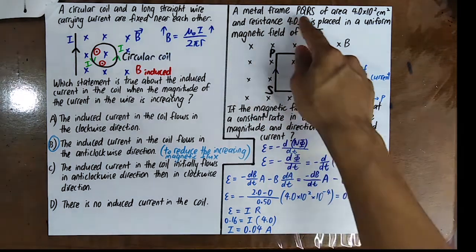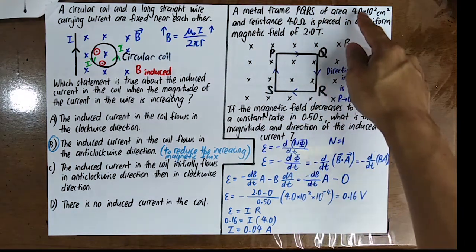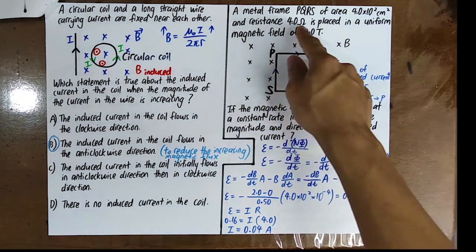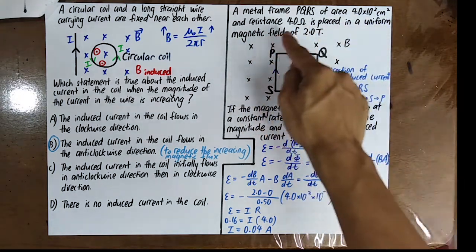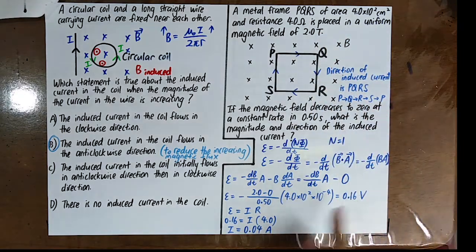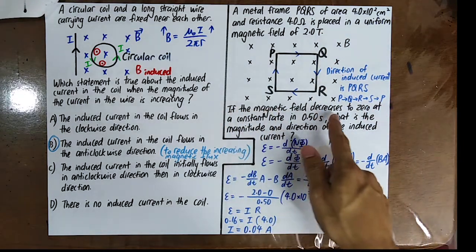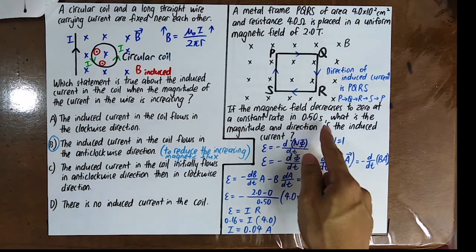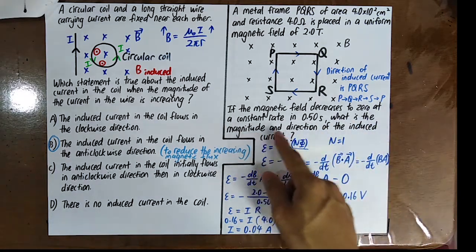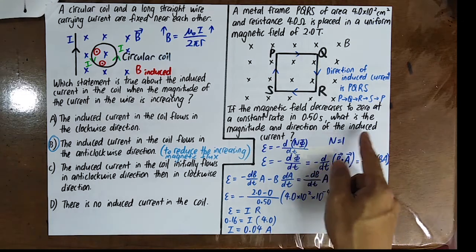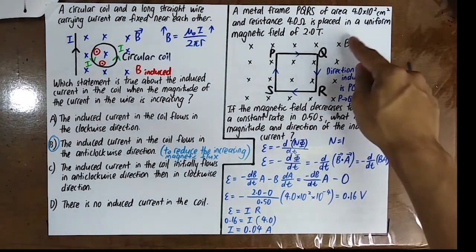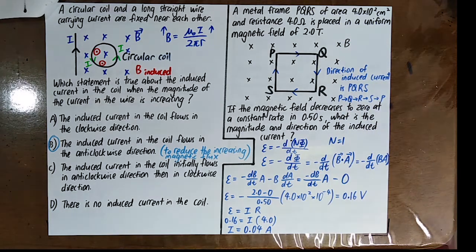A metal frame PQRS of area 4 times 10 power 2 cm square and resistance 4 ohm is placed in a uniform magnetic field of 2 Tesla. If the magnetic field decreases to 0 at a constant rate in 0.5 seconds, what is the magnitude and direction of the induced current? Okay, so you know that B is decreasing.